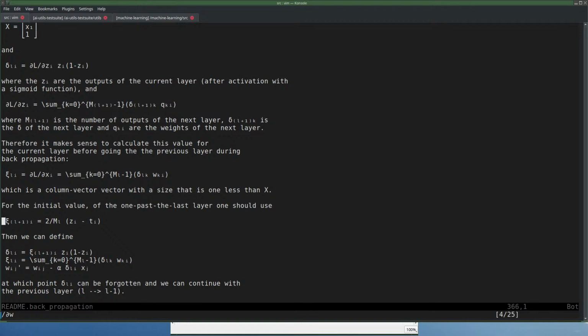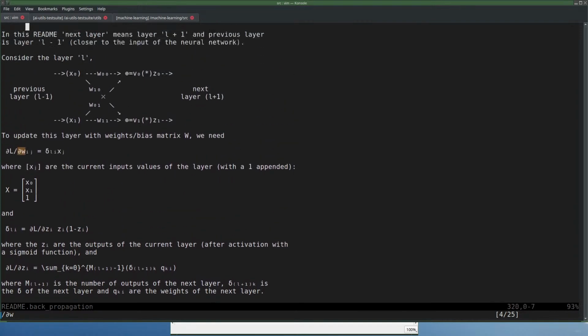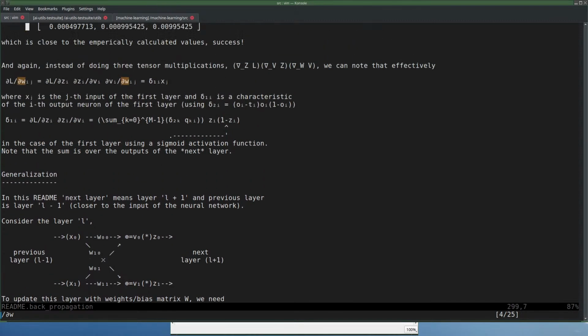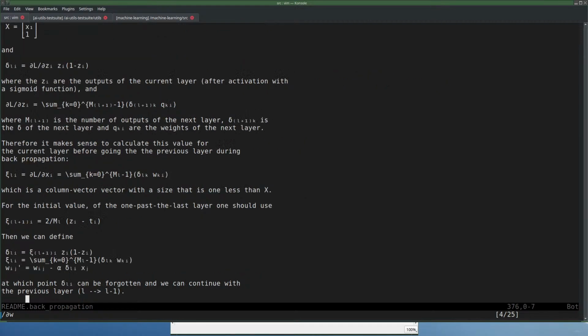I should look for the first time I defined this, I think. So the xi of L plus 1 is... My memory is bad, I'd say, because I already forgot all the details of what I wrote down in this readme.